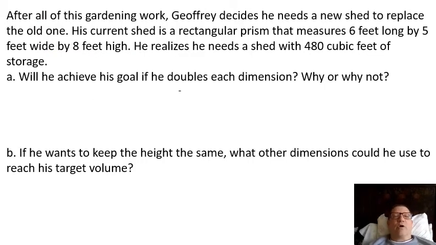After all the gardening work, Jeffrey decides he needs a new shed to replace the old one. His current shed is a rectangular prism that measures 6 feet long by 5 feet wide by 8 feet high. So let's go ahead and draw that shed real quick.